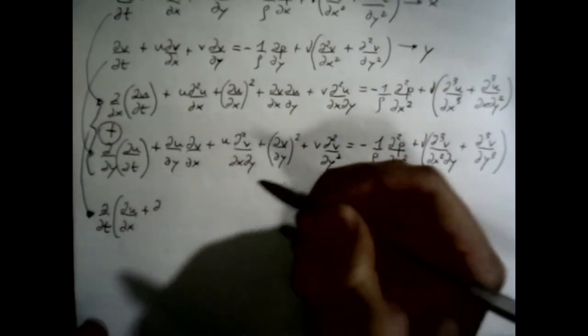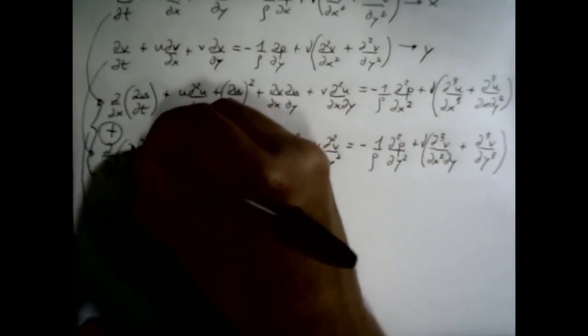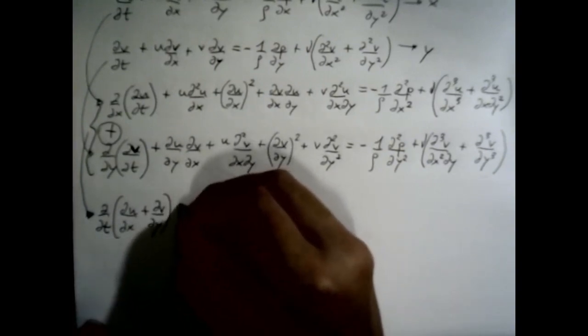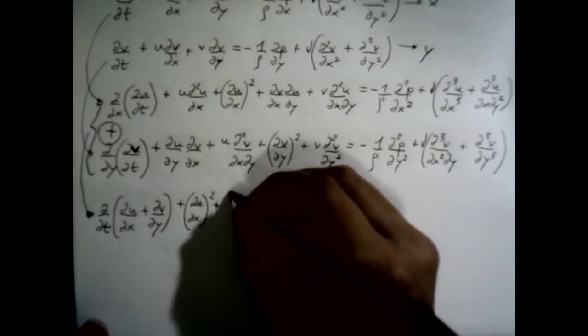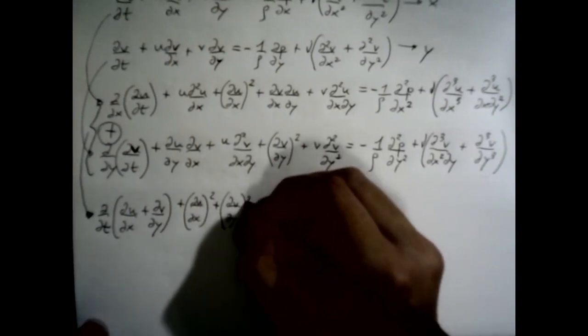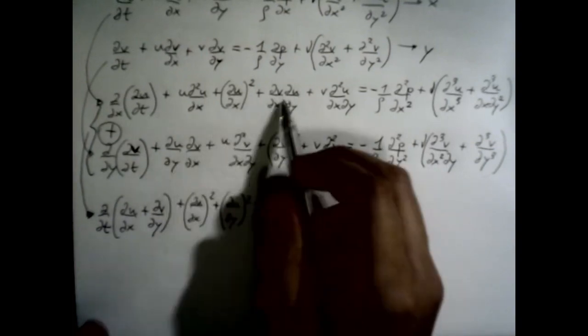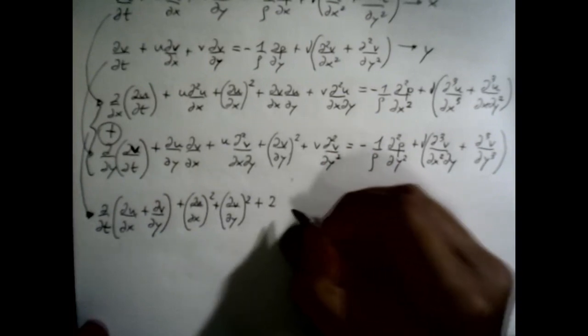Will be the time derivative of u plus, sorry, here is v, plus du dx squared plus dv dy squared, these two terms here, plus here we have these terms repeated, it's 2 dv dx du dy.